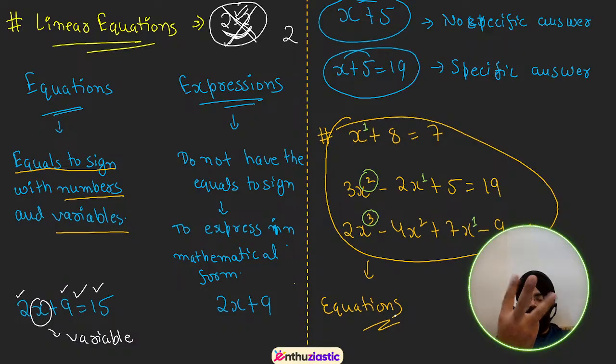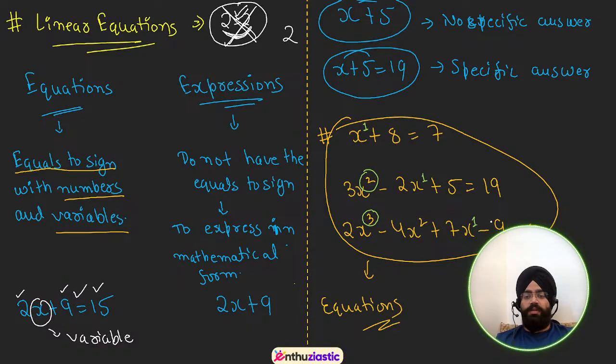If you can see all the three things, irrespective of the power of the variable, the variable should be over there, the number should be over there, and the equals to sign should be over there. So this basically means that we are going to get the equation, right? We can see that all of these are equations because all of these are satisfying the condition.